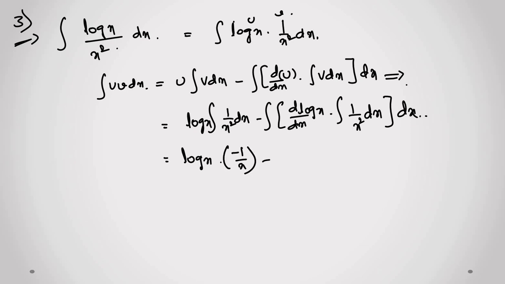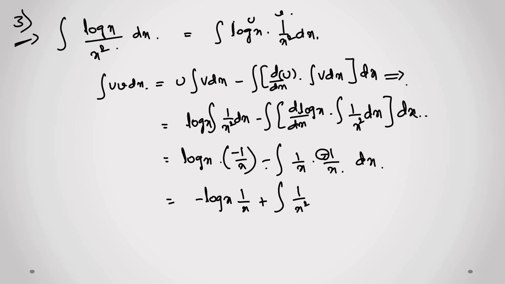And d by dx of log x is 1 by x, into minus 1 by x dx. Minus into minus gives plus, so it will become integral 1 by x square dx.